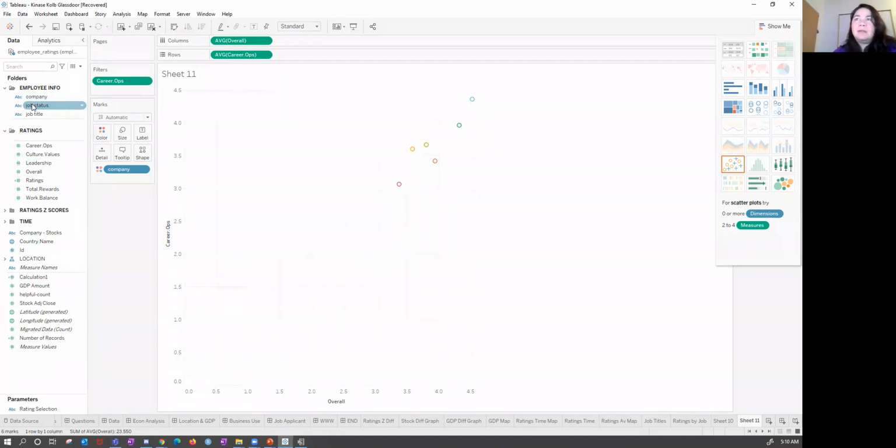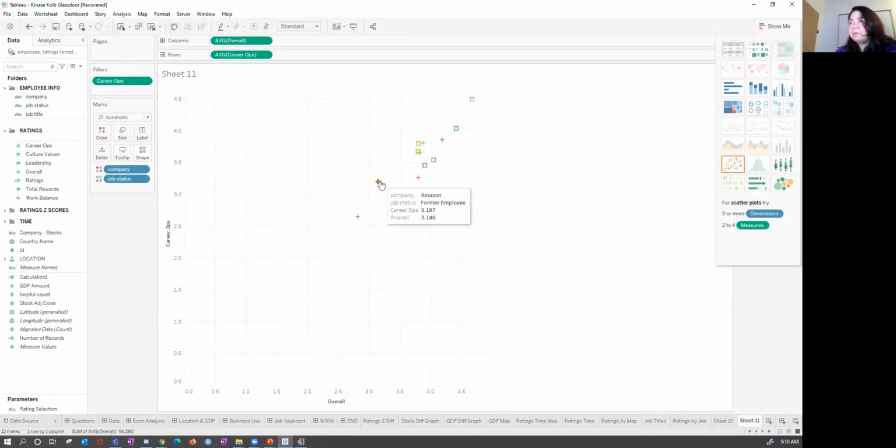We can also add in a second category here. So now I've added job status in here. It's automatically done it by shape. So we can scroll over that and we can see that former employees are the plus signs and current employees are the squares.